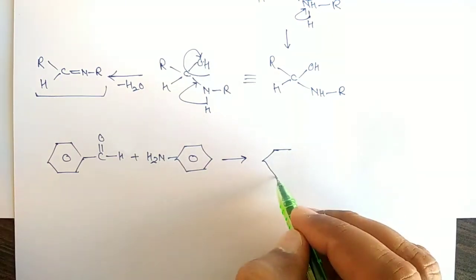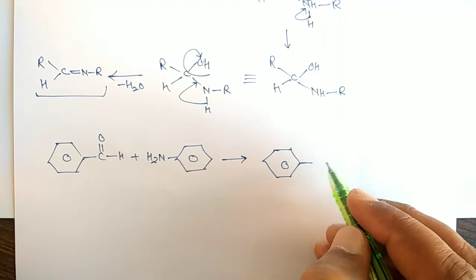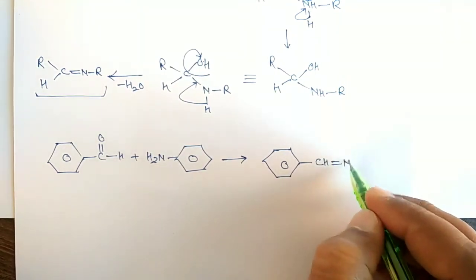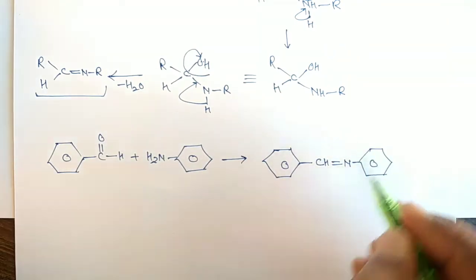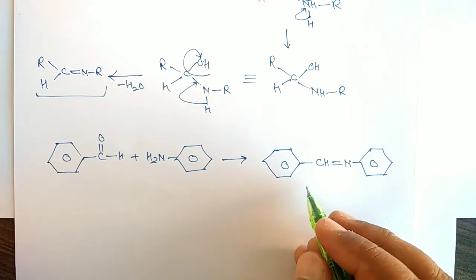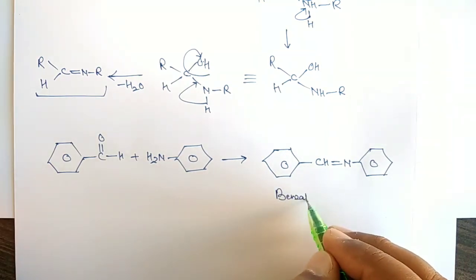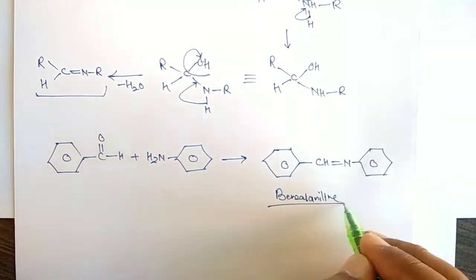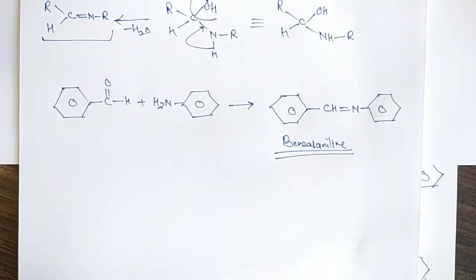So what is the Schiff base and its structure? Here is the C, and here is the CH double bond, here is N, and this one is the Schiff base. So this is called benzyl aniline, which is a Schiff base and which can be prepared by the same mechanism.